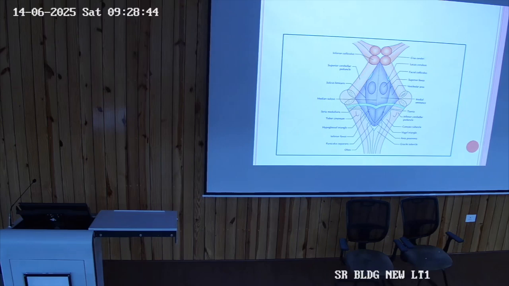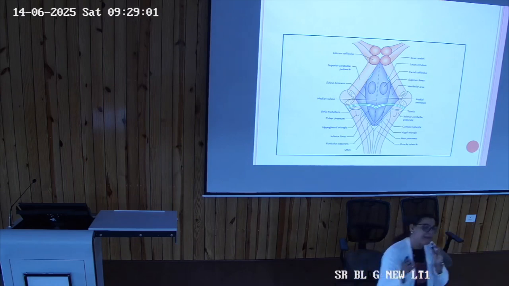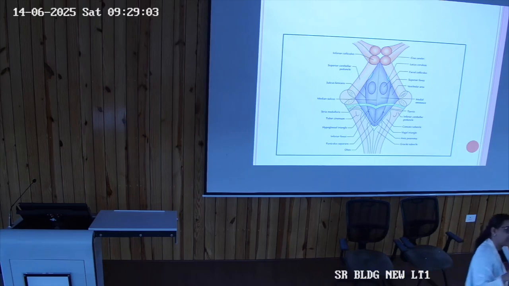Then if we come down, this one is the stria medullaris. What are the stria medullaris? They are arcuate fibers coming from the medulla, going towards the cerebellum, and they are actually accessory cerebellopontine fibers which form this stria medullaris.